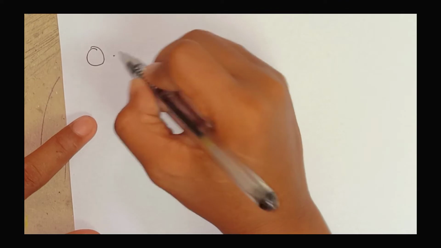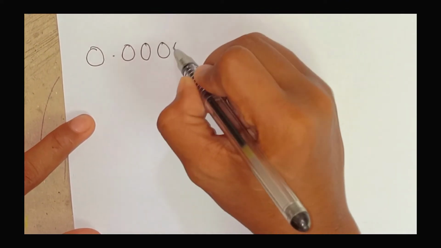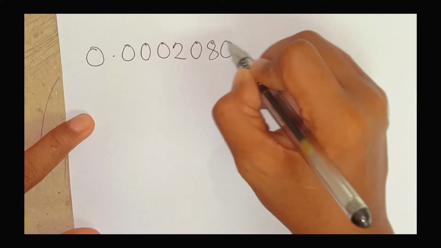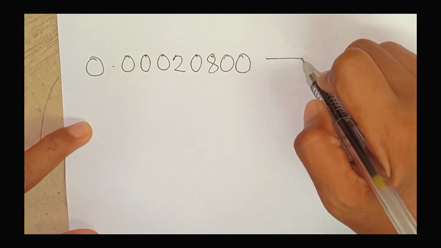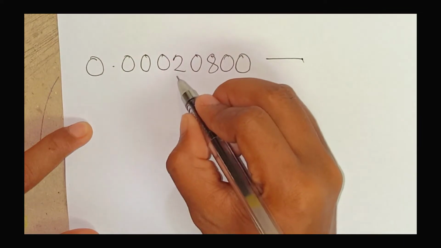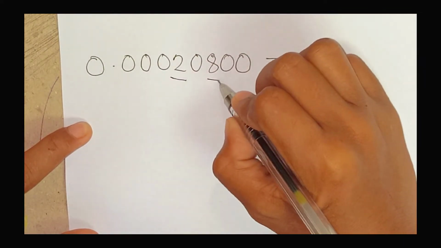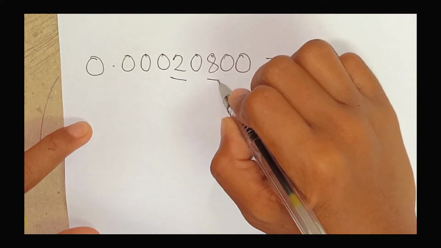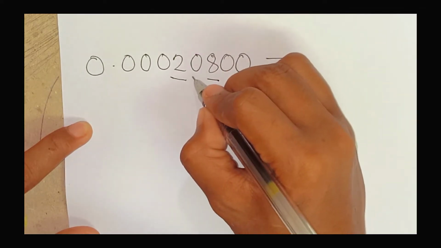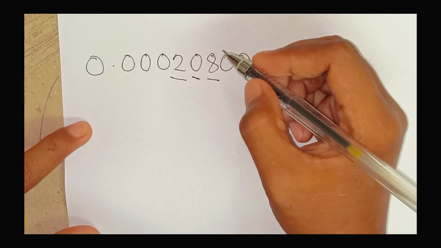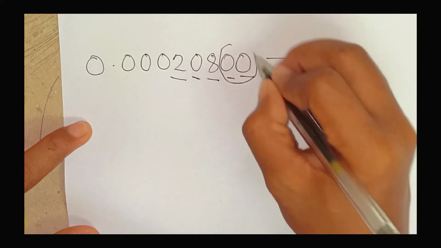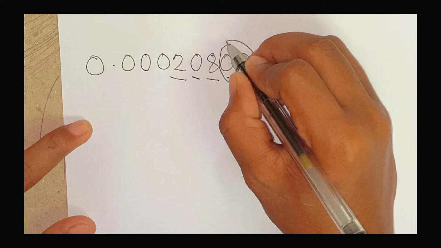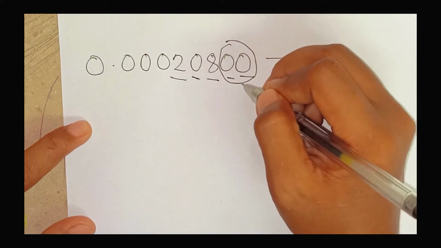So what about this one? 0.00020800. How many significant figures do we have? So we have two non-zero numbers here, and we have one zero in between, and also we have two trailing zeros to the right of the 8.